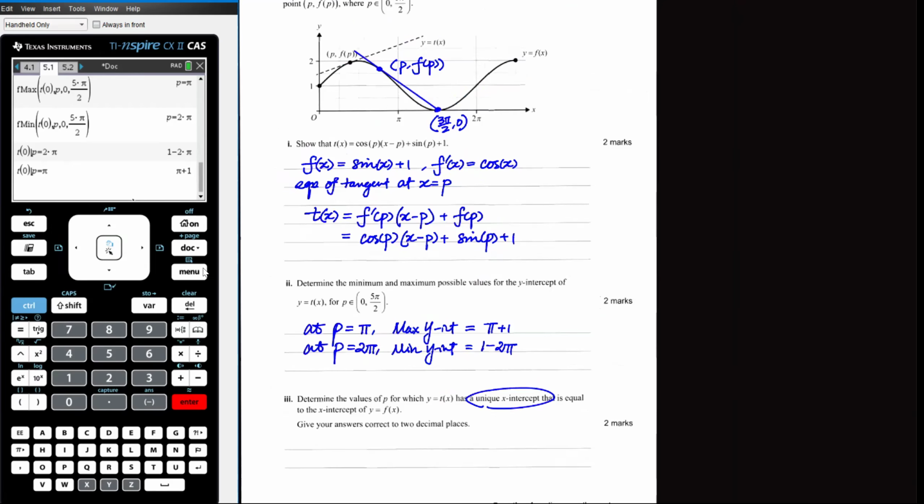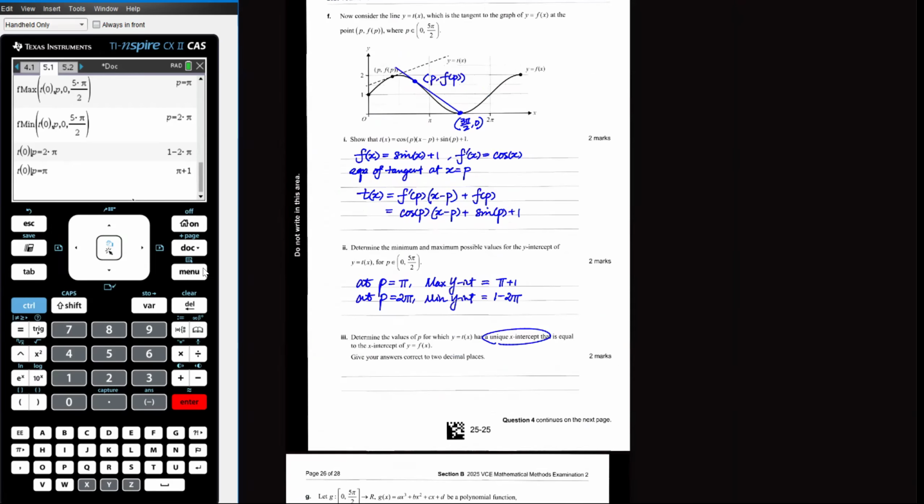The gradient we can form is f dash of p equals f of p minus 0 divided by 3 pi on 2 minus p, I suppose. Now, the other way around, bear with me, should be p minus 3 pi on 2.